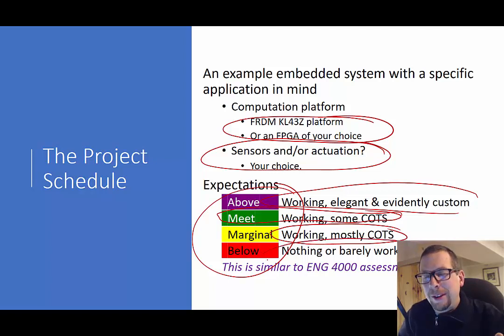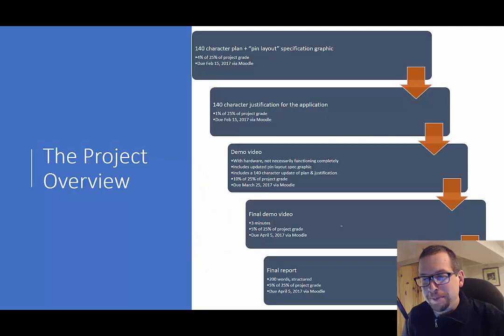Finally, if you haven't done any work or your thing is barely working, then that's really below the expectations of what we expect to see in this course. Okay, so we'll be using this 4-scale system. It's the one that's used basically in the Engineering 4000 capstone class as well. So we're trying to give you some practice so you can see what to expect in next year's design class.